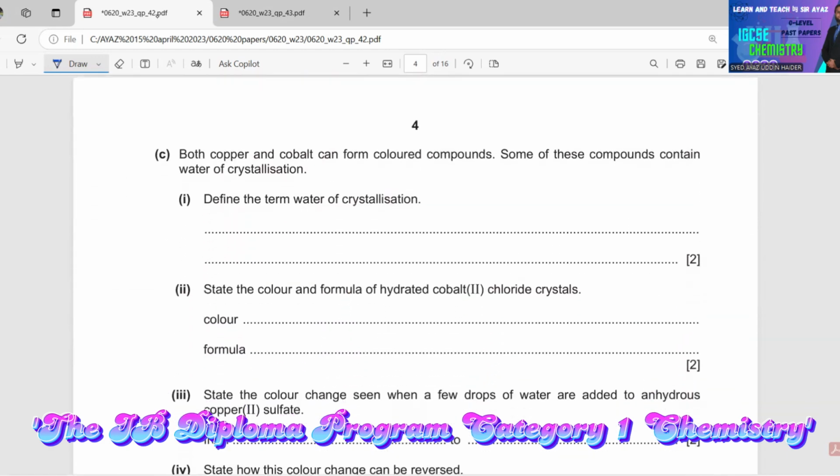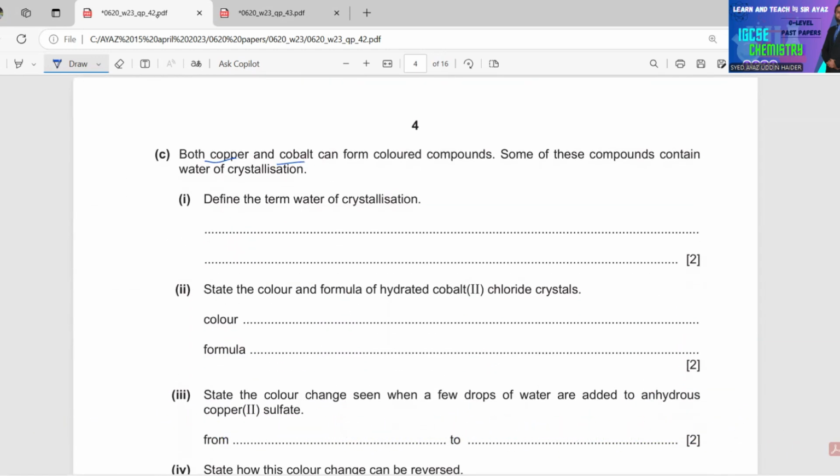Part C, both copper and cobalt can form colored compounds. Some of these compounds contain water of crystallization. Define the term water of crystallization.